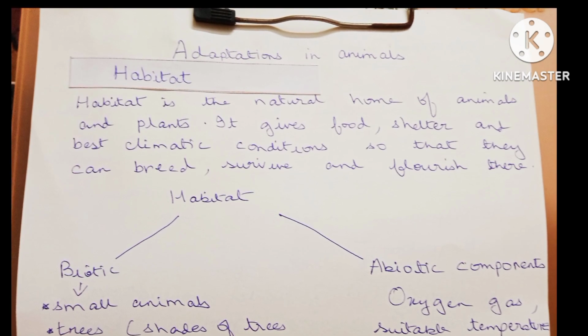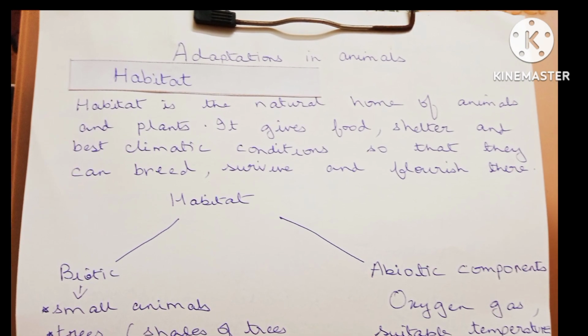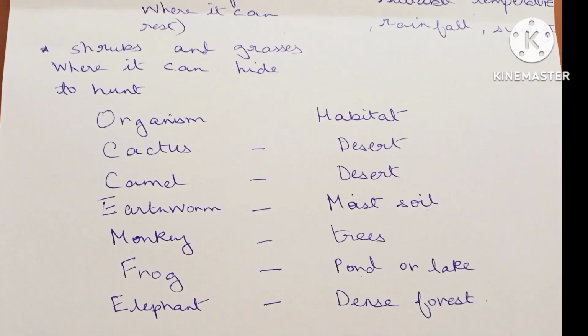Now, biotic components are made up of small animals, and shades of trees where they can take rest, because these animals cannot survive under sunlight the whole day. They cannot bear the extreme temperature. Then the next point is shrubs and grasses where they can hide to hunt. Do you understand the meaning of camouflage?